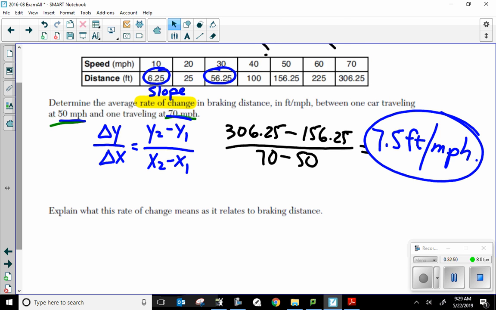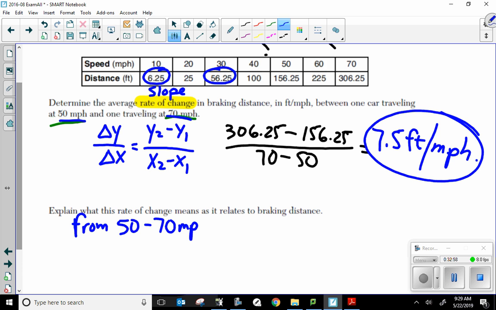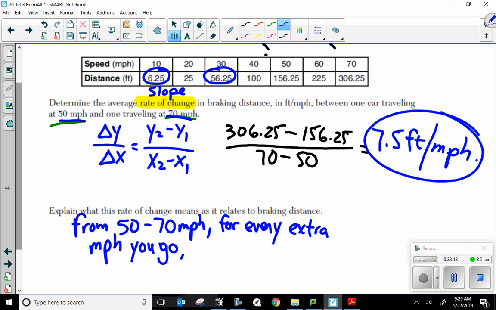So I'm going to state that from 50 to 70 miles per hour, for every extra mile per hour you go, you need 7.5 extra feet to stop.